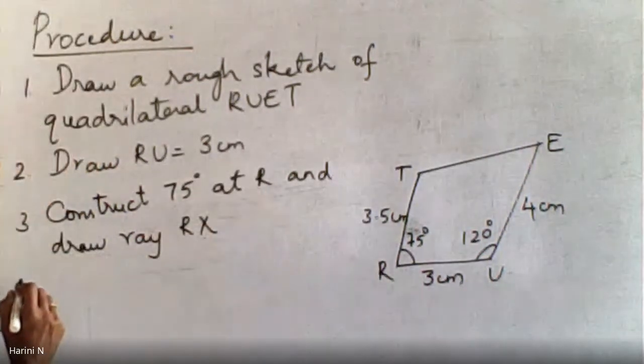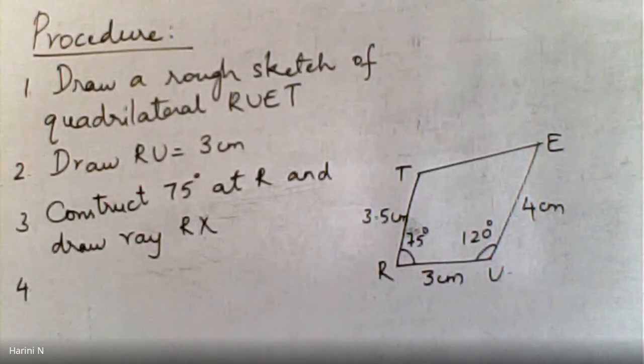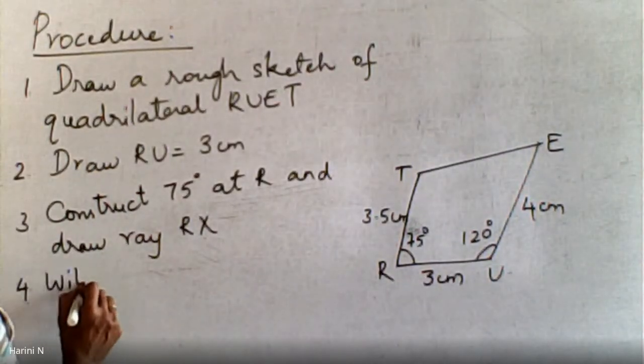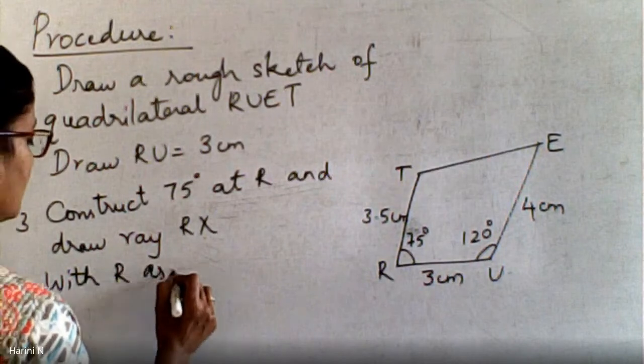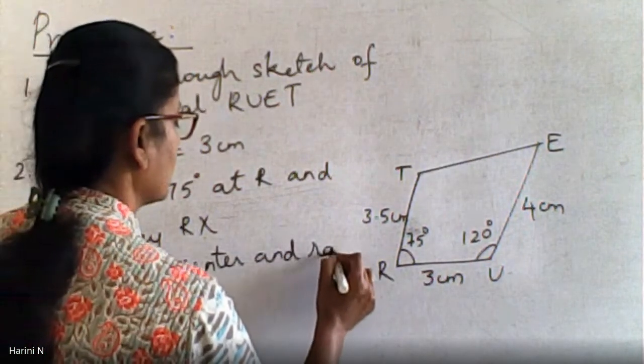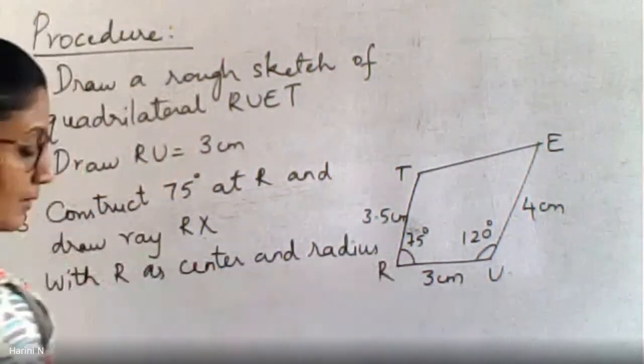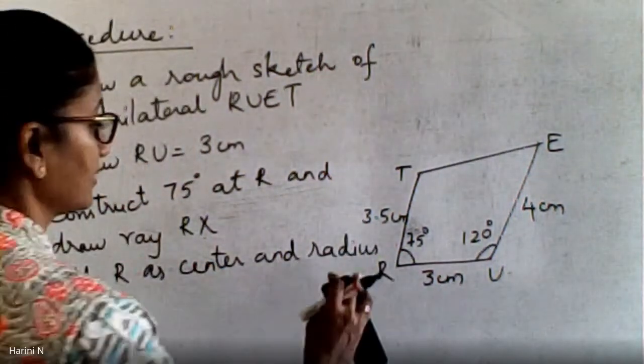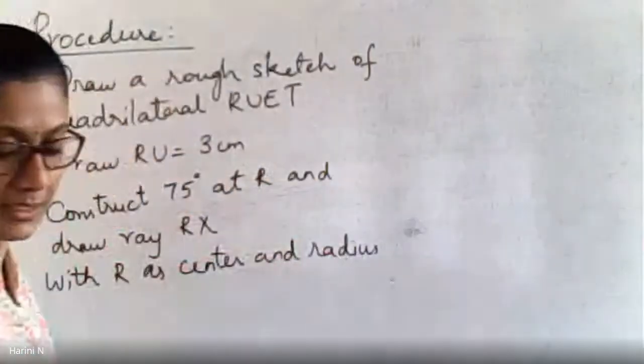Okay. Then the fourth step. With R as center and radius 3.5 centimeters, we should cut an arc.